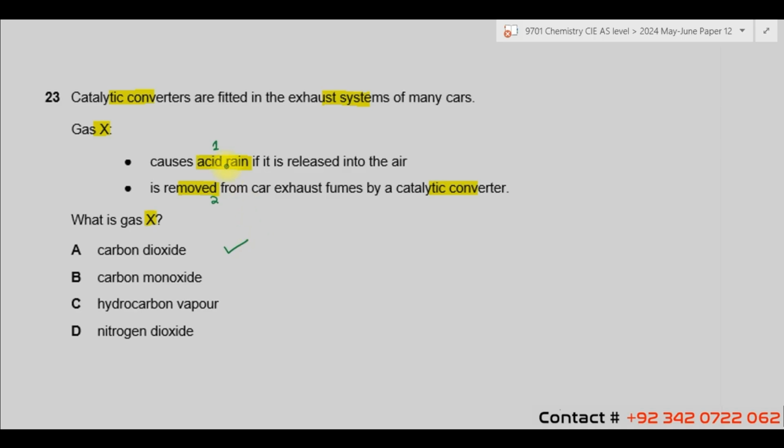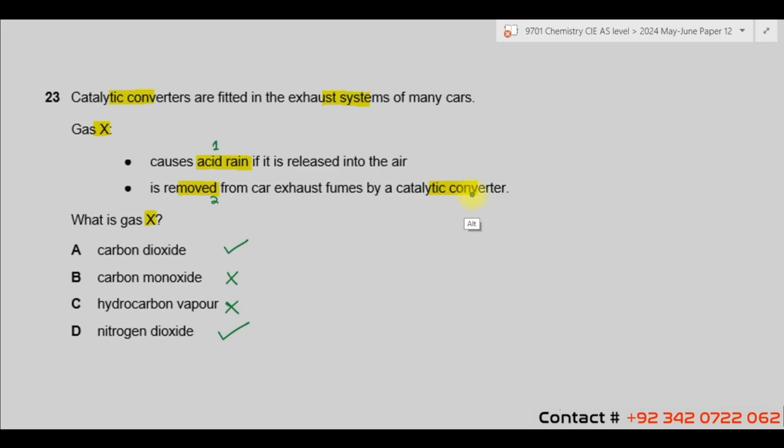It does form acid rain when it is released into the air because it is soluble in rain. Carbon monoxide is insoluble in water, so it does not form acid rain. Hydrocarbons are organic compounds, insoluble, so they do not cause acid rain. Nitrogen dioxide is an acidic oxide, so it is also soluble. It forms acid rain.